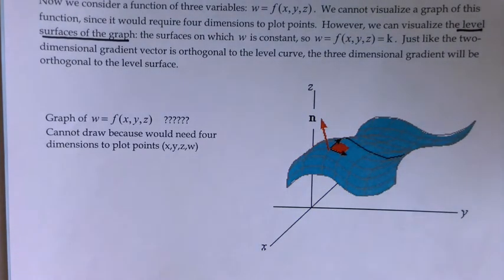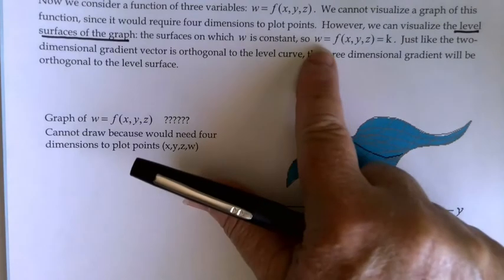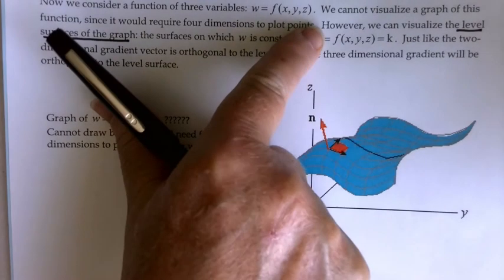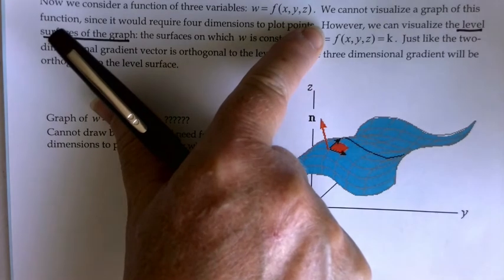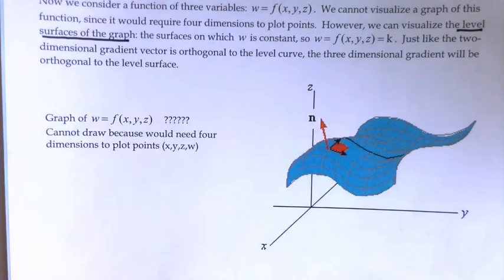We can't visualize the graph itself, but we can visualize the level surfaces. Just like with level curves, the way we find level surfaces is by setting our function equal to some constant. So we take w and set it equal to a constant, and then we can graph f of x, y, and z equals a constant. That's only got three variables, so three dimensions.